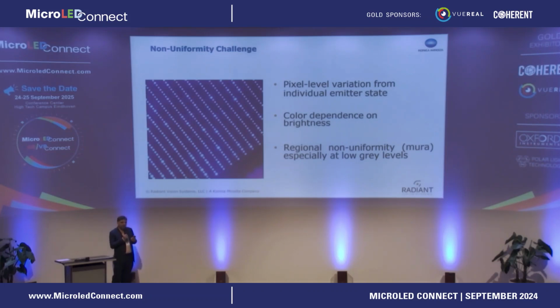So this is again a challenge for metrologists as well as for the manufacturers. And then, of course, together you can call it Mura, which is a classical display measurement technique where you have to get rid of the Mura, or at least measure it and keep it at acceptable levels.